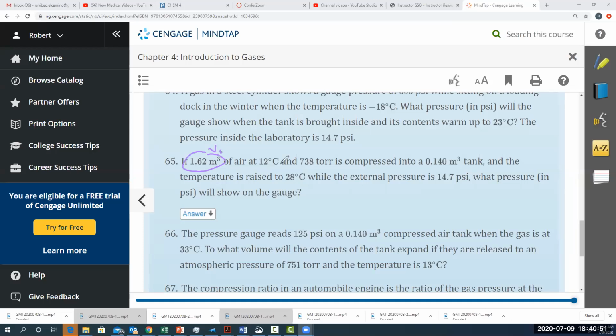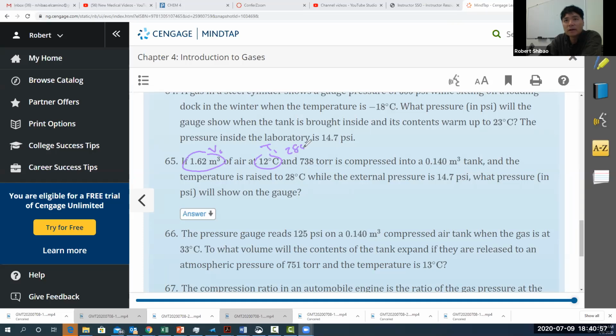V1 at 12 degrees C, so that's T1. 12 plus 273 is going to give us 285 Kelvin. 738 torr, that's P1, is compressed into a 0.140 cubic meter tank. And so this will be V2, and the temperature is raised to 28 degrees C. 28 degrees C is going to be T2.